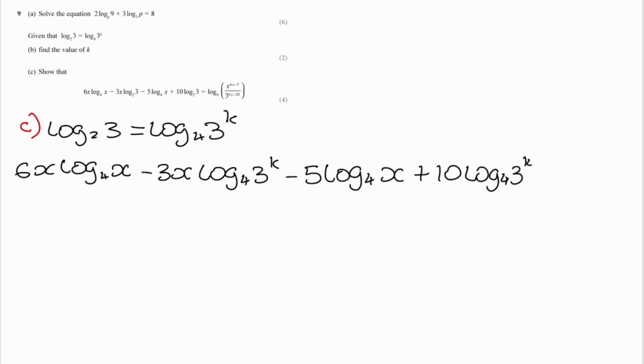What I'm going to do is bring up these coefficients and put them as powers.